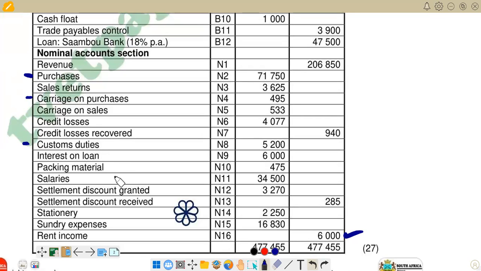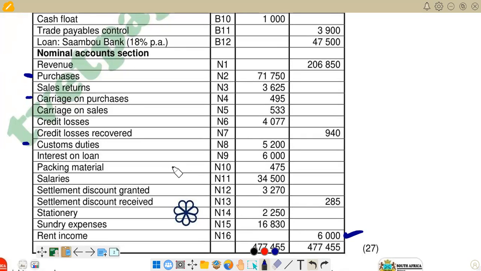This can be an expense when you buy this packing material. So what it means is this figure that we are given of 475 represents the total packing material that was bought. Then we check if we have got any packing material at the end of the year. If we have any packing material on hand at the end of the year, we're supposed to subtract the figure for end of year from the total that was bought to get what was used.